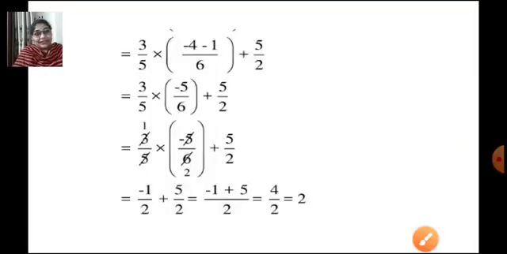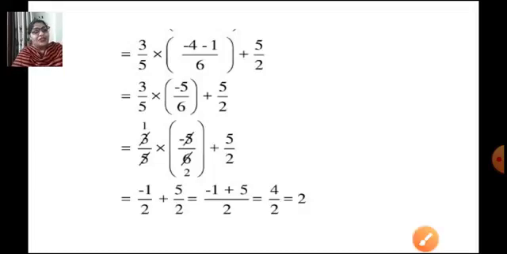And then we will get 3 upon 5 multiplied by, in bracket, negative 4 minus 1 upon 6. Now negative 4, negative 1, when there are two integers with negative sign, we have to add them, but the sign will be negative. So it will be negative 5 upon 6 plus 5 by 2 as it is.